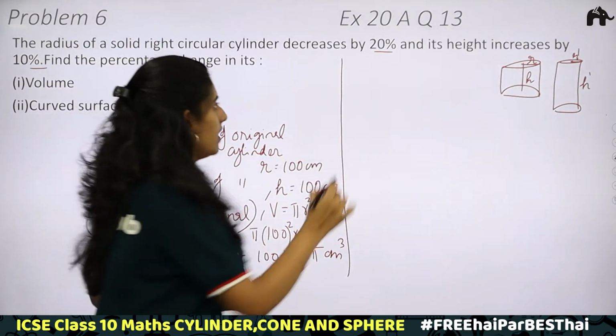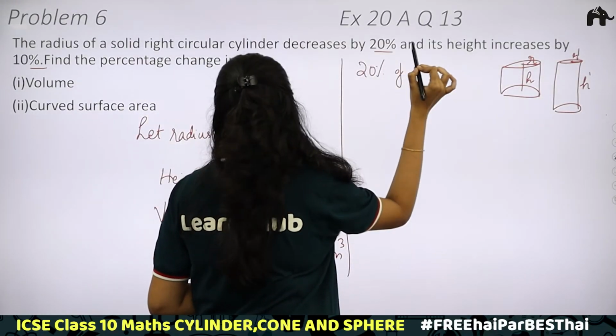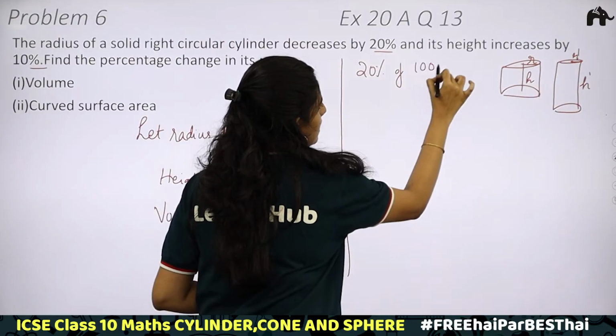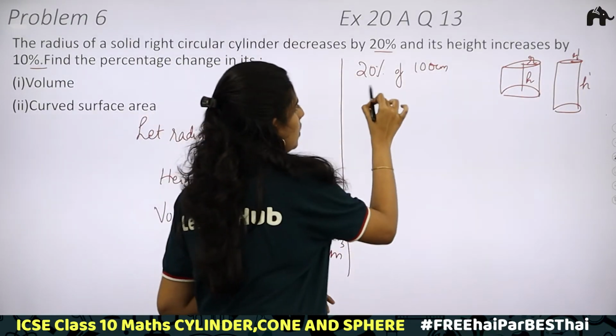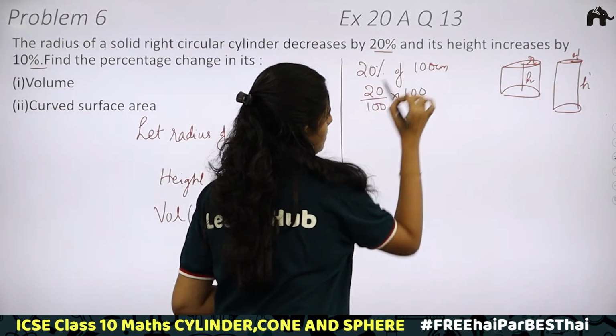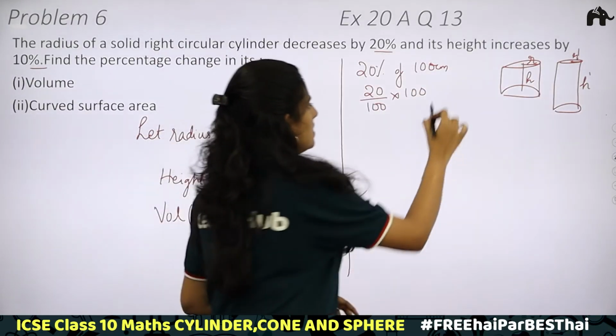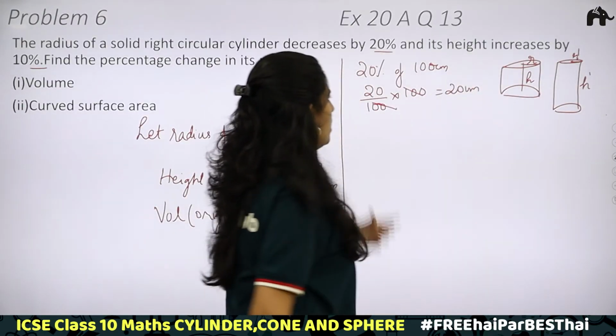Okay. First we'll find 20% of 100 centimeter. What is 20% of 100 centimeter? 20 divided by 100 into 100, which is equal to, cancelling, 20 centimeter we get.